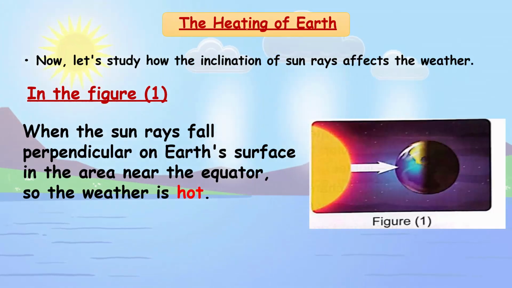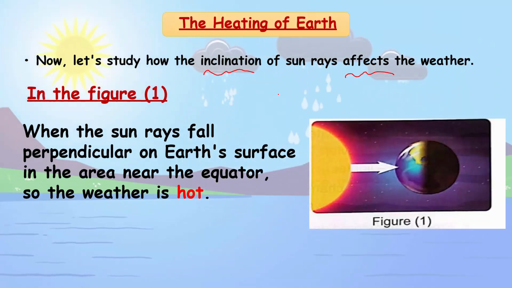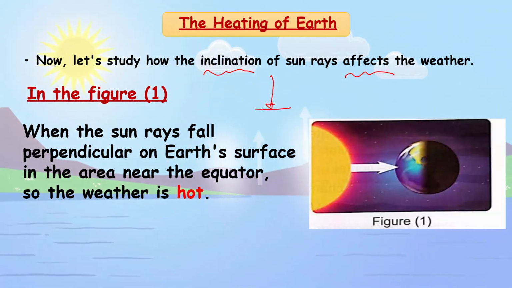The heating of Earth. Now let's study how the incline of sun rays affects the weather. One of you help me to remember, if the sun is perpendicular on the earth, will the temperature rise or fall? I heard you. Perpendicular means the temperature rises.